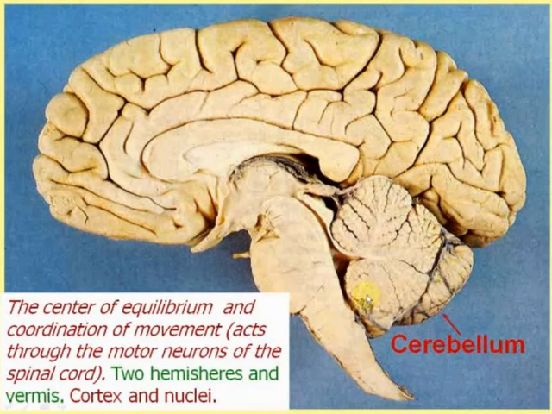Cerebellum is the center of equilibrium and coordination of movements. Cerebellum analyzes information from outside, coordinates movement and supports equilibrium, acting through the motor neurons of the spinal cord. Cerebellum consists of two hemispheres and vermis between.